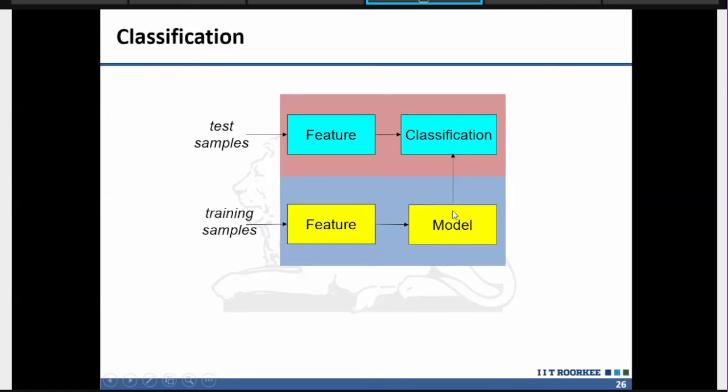Models could be a support vector machine or random forest or deep neural model. Then, given a new patient or user, you collect the EEG signals, extract the features, and use that model for predictions, whether he is in a happy state or sad state. That's how this classification or prediction works.